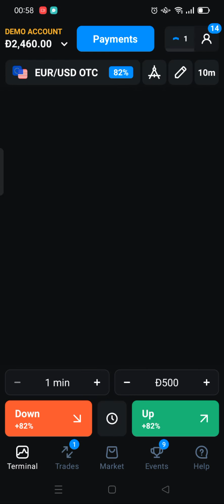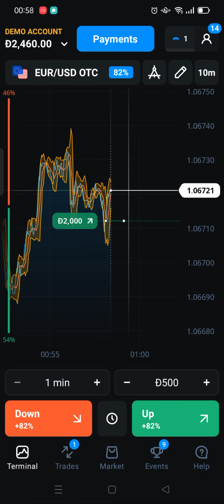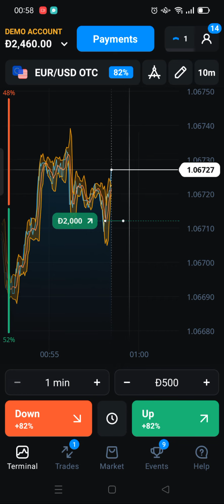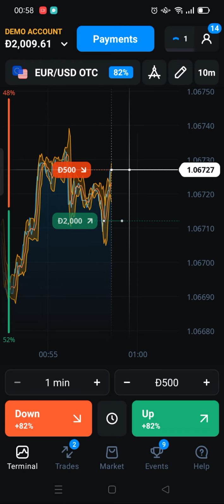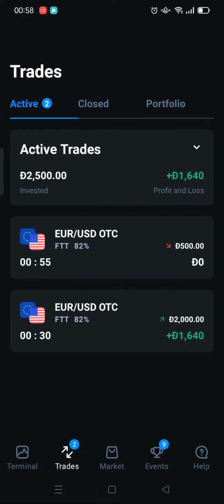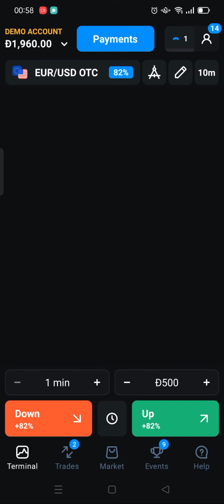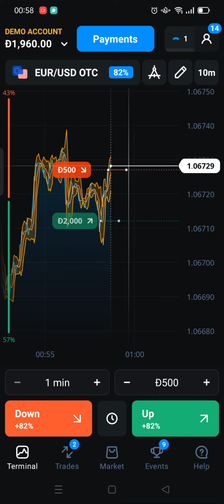Okay, we have only 40 seconds. So here we go again for sell. $500 sell. Let's see, guys. We have 30 seconds to close our first entry.